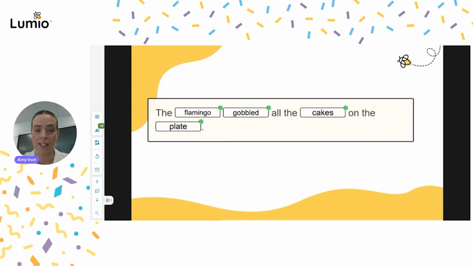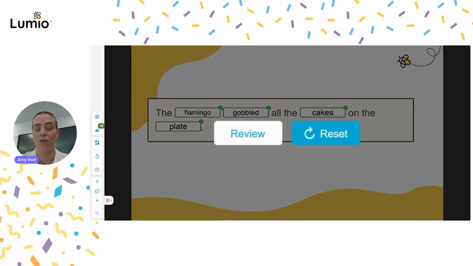Now, I've used this for children who struggle to do the innovation. Those children that also might need a little bit more support once they've done it verbally, then they might need to see the sentences before they go and write them. And also, this could be some of the SEND children.